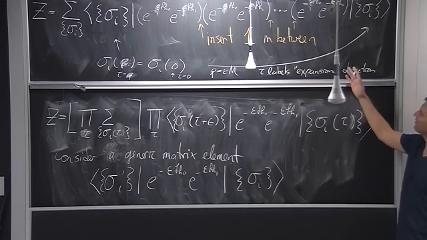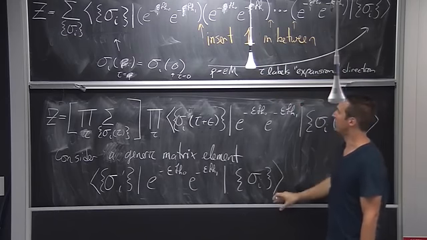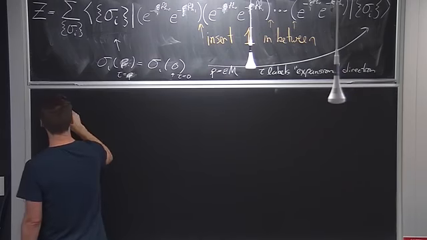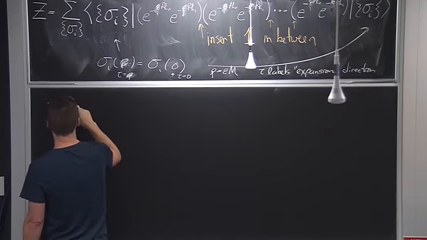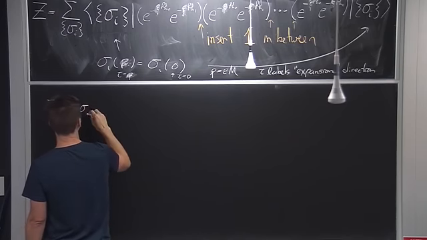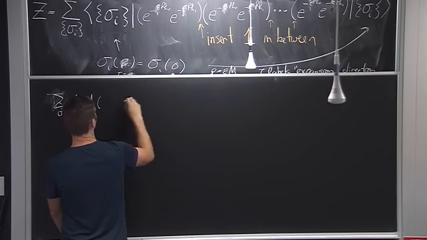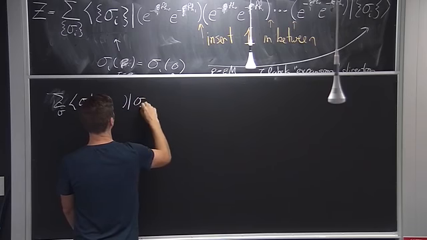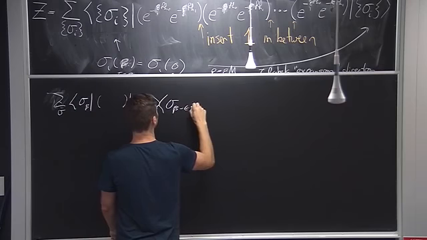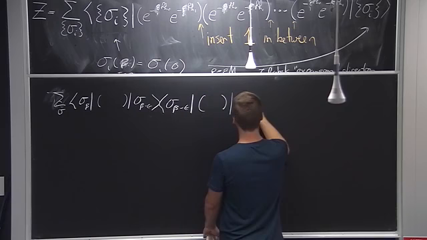Just like it's written here, you're operating by all of these operators on states. I could have written an intermediate state. So that's my trace out here. I'll do a sum over sigma, you can imagine sigma at beta. Then the operators, sigma at beta minus epsilon. That's one insertion of the resolution of the identity, and the operators again.